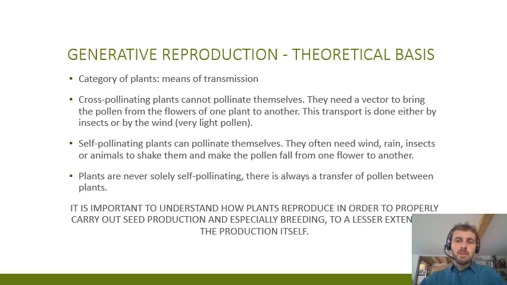So sometimes it's so important for normal production, but especially for seed production, you really have plants where you have to take care of these aspects, otherwise you don't get any seeds.